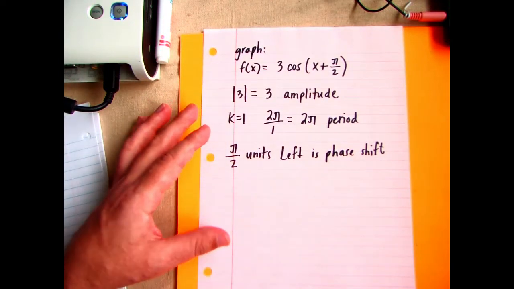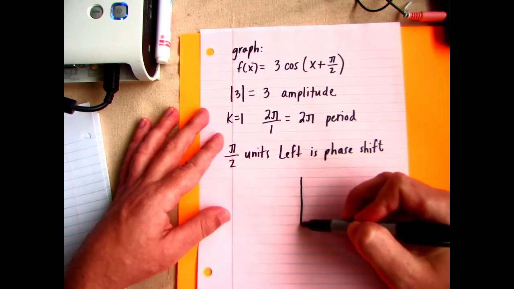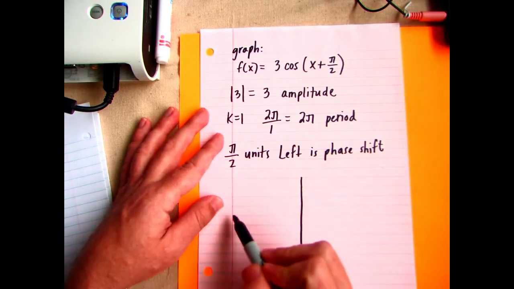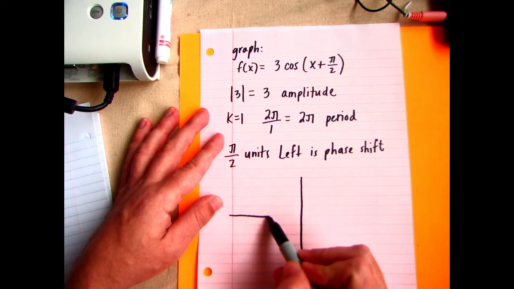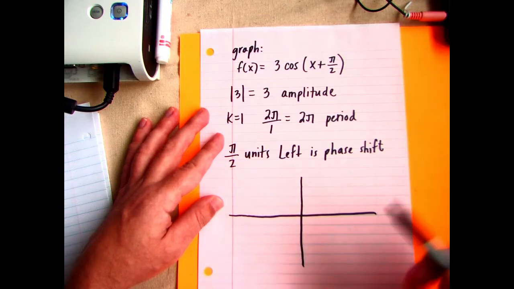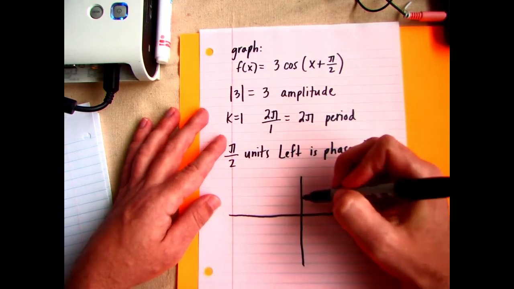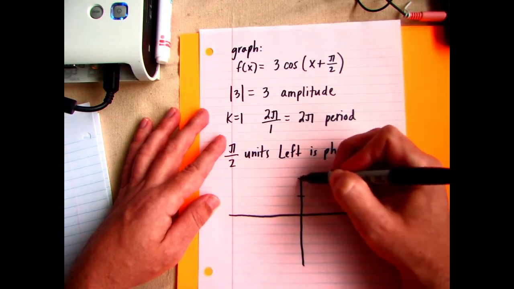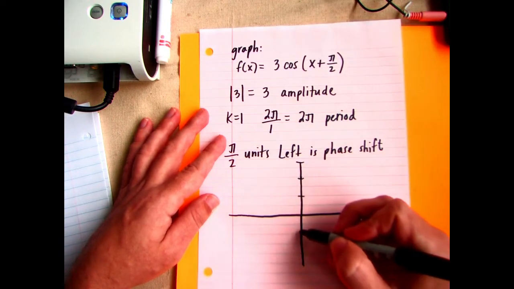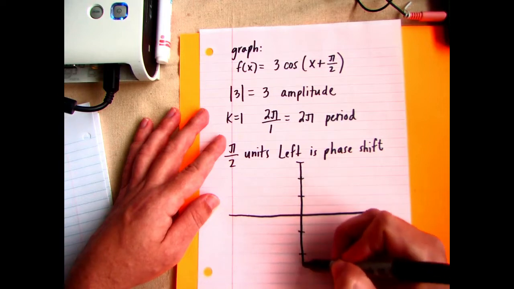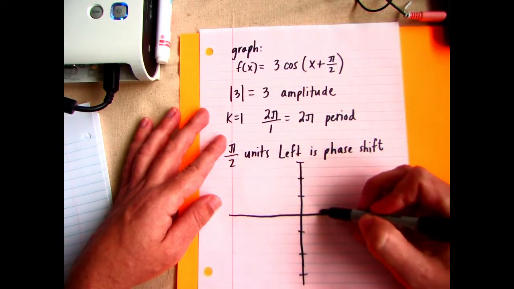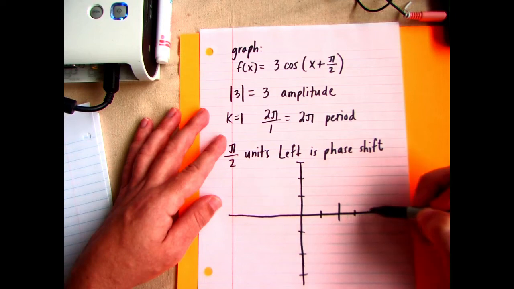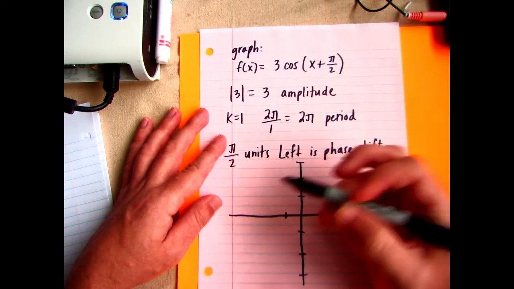Alright, so with this in mind, let's try to sketch this. So instead of trying to do it all at once, let's do it in steps here. So I'm going to set up myself with some axes, and you'll see on my y-axis I've actually given myself space to have an amplitude of 3.